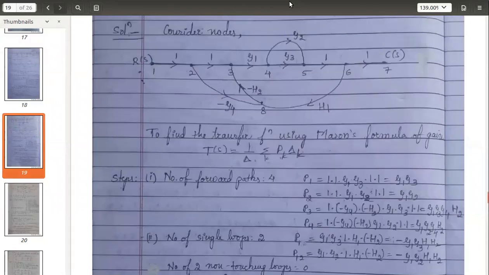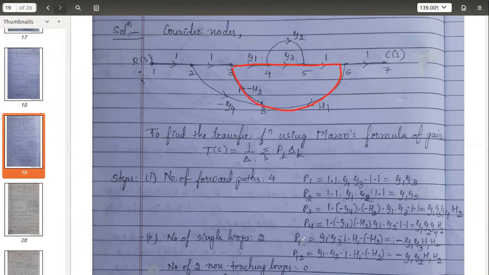Which are the 2 loops? This is your first loop. And any other loop available? You can see it is G1, G3, H1 minus H2. G1, G3, H1 minus H2.